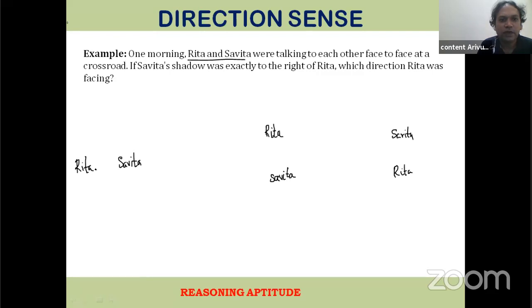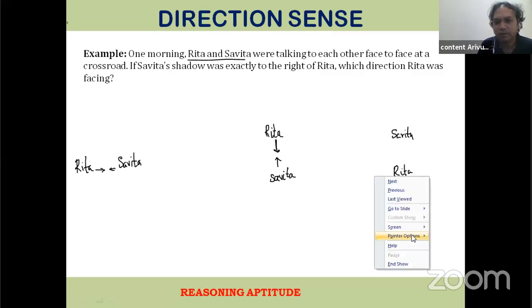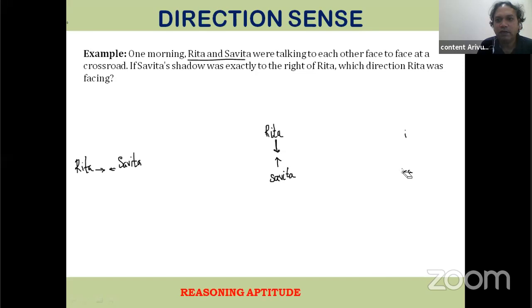In all the cases, you're going to get the same answer. Usually we use vertical. So Rita and Savita are talking to each other face to face. There's no gap between them, but we have to represent it in a diagram. So I'm making it like this. One morning, Rita and Savita were talking to each other face to face.